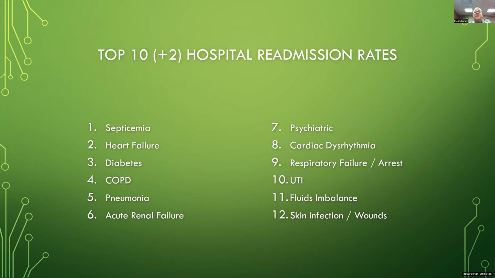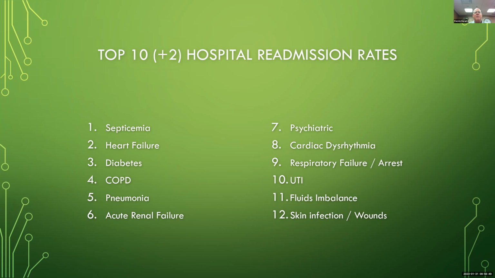And the sole reason is because they can provide IV antibiotics easily and monitor the patient with serial CBCs and blood tests, etc. So septicemia or whole body sepsis tops the chart.